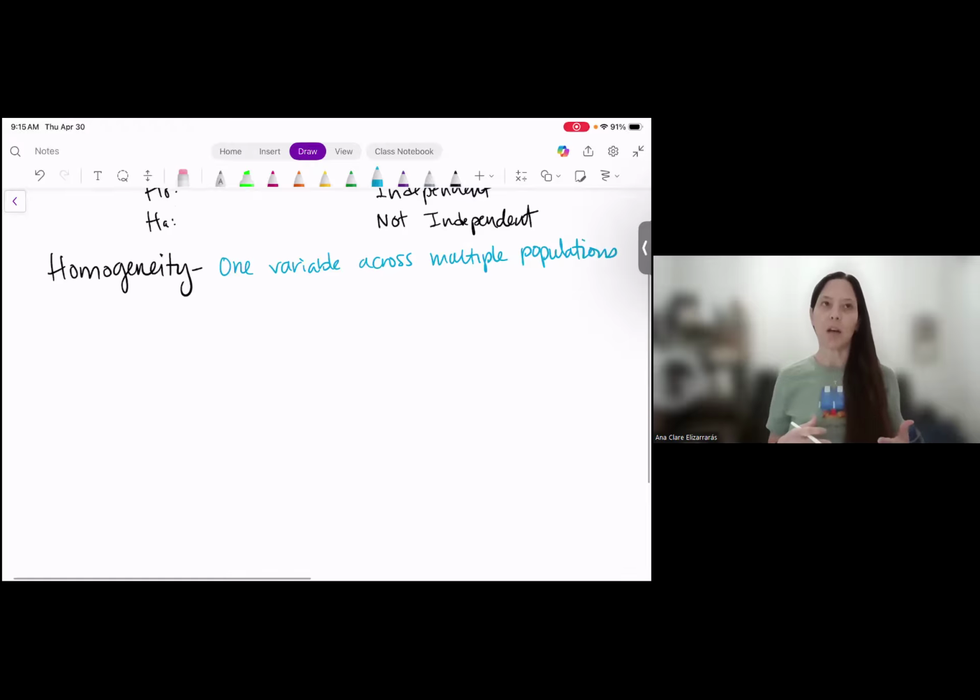Like the distribution of smoking is the same in more than two different groups, like in these different cities. The null and alternative hypotheses for homogeneity state that the distributions are the same across these groups, and the alternative is that they are not the same.